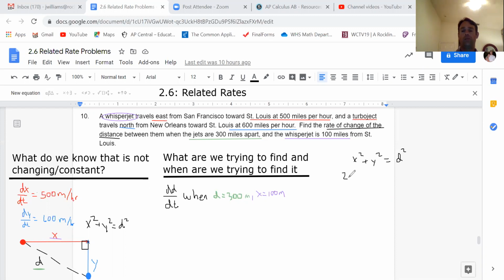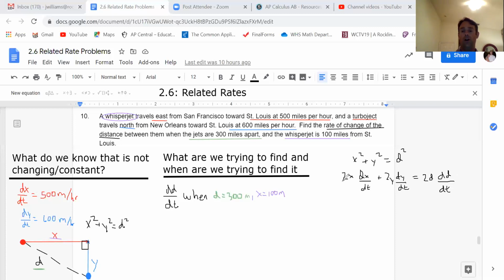So 2x dx/dt plus 2y dy/dt equals 2d dD/dt.